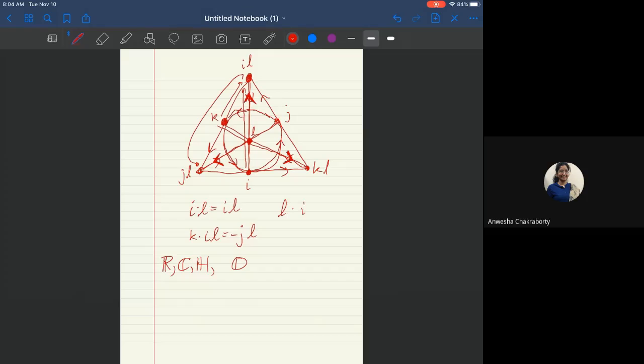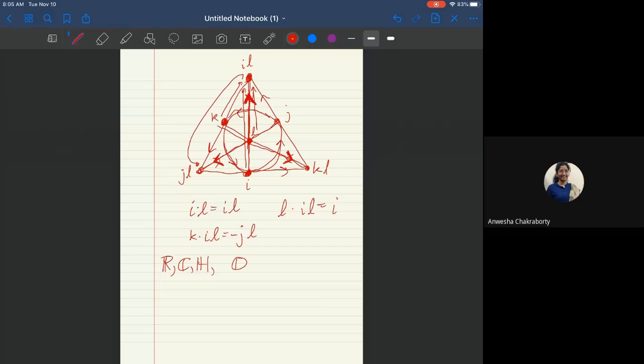According to our diagram, because the arrow should be pointing this way, L times IL will be going in the same direction as the arrow, and we'll follow that line to the third point on that line, which is the point I here. So L times IL will be I, plus I. Does that make sense?